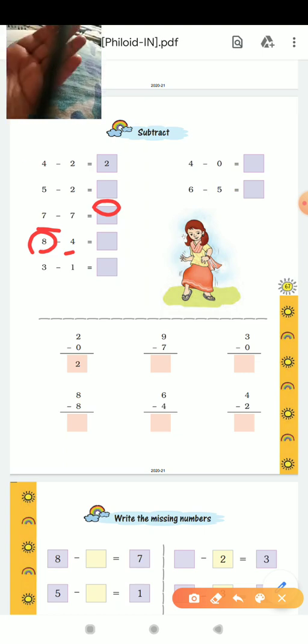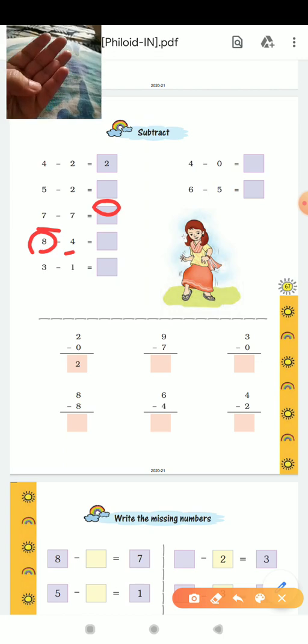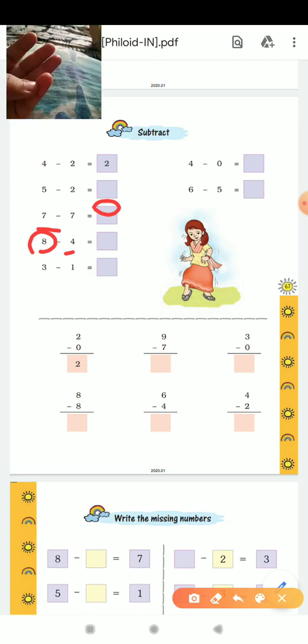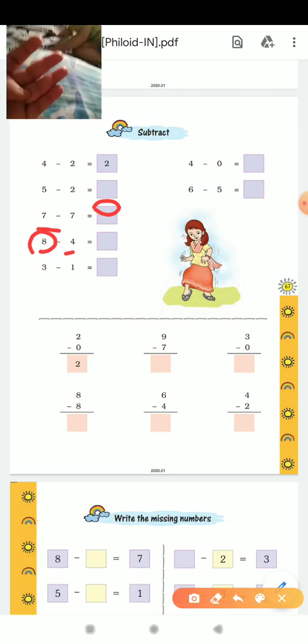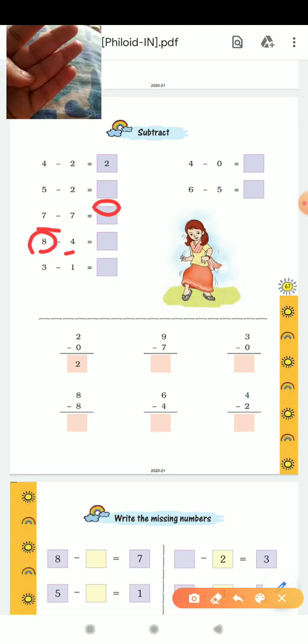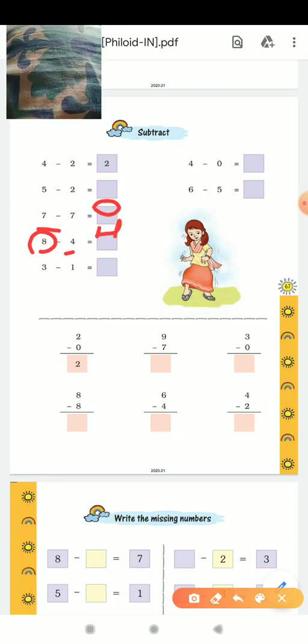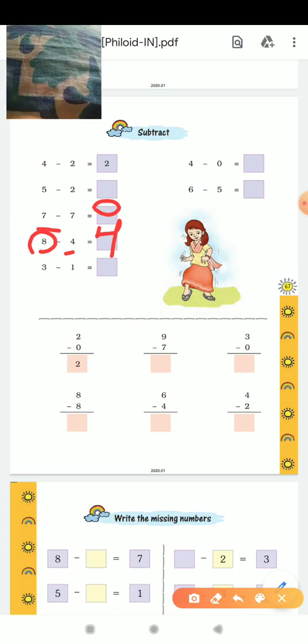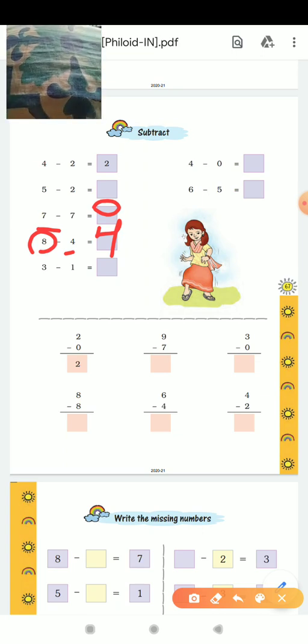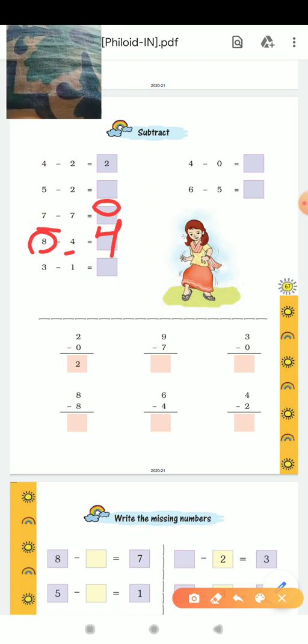So 5, 6, 7, 8. So how many are left? How many fingers are there? 1, 2, 3, 4. So we have to write down 4. Okay, in this way you have to count numbers on your fingers in subtraction.